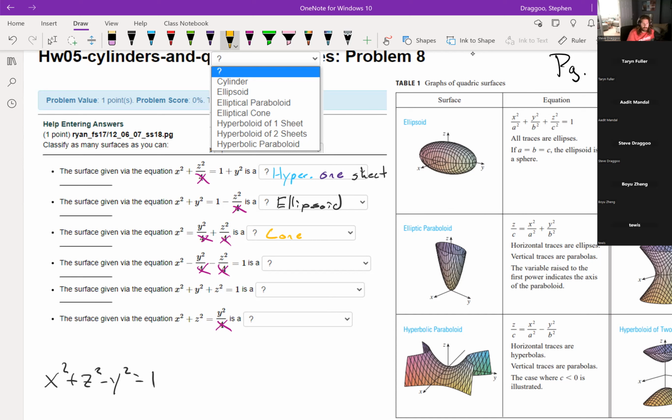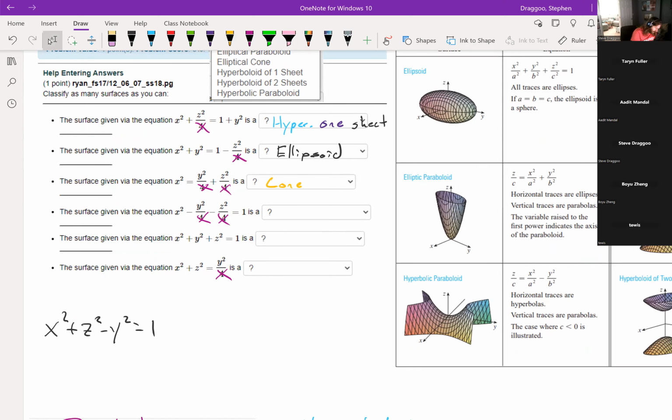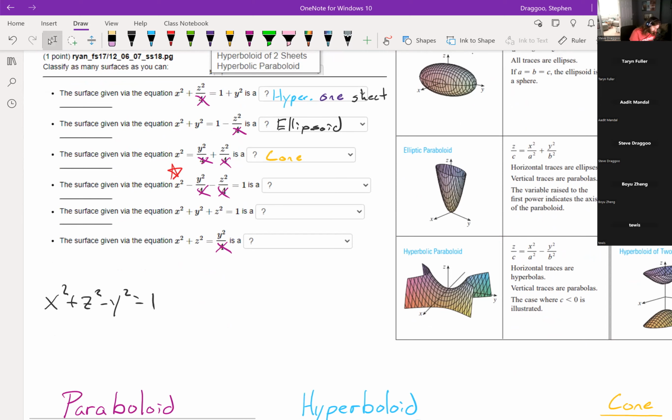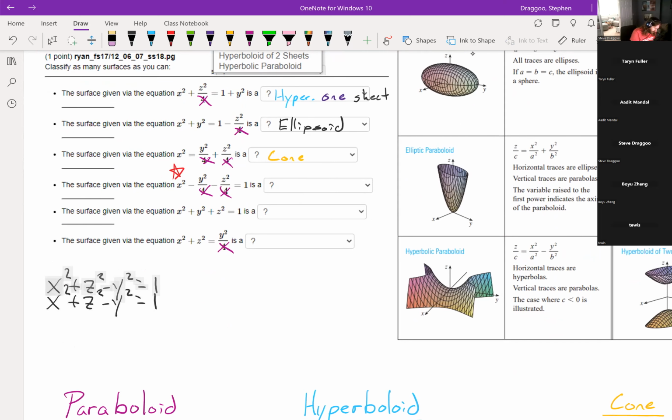Next down the list, we should probably take a closer look at that fourth equation. Let's move that guy up there. Taking a closer look at this guy, I want to reorganize that equation.